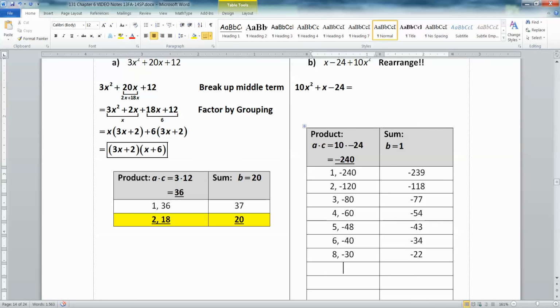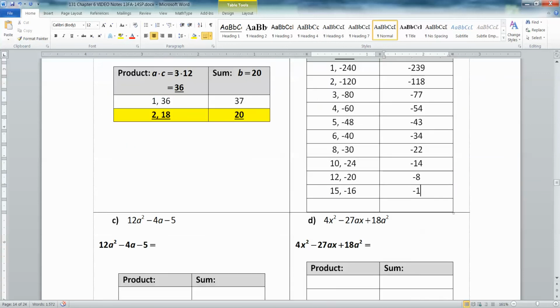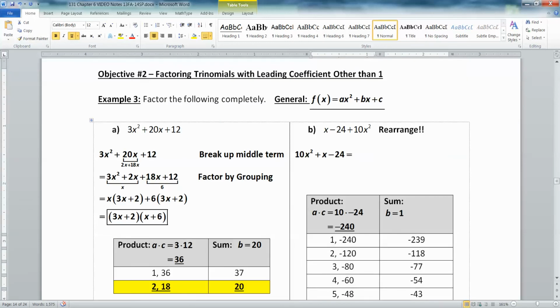And 9 doesn't go in. 10 goes in negative 24 times, that would make negative 14. 12 will go in negative 20 times, that would make negative 8. Ugh, this is getting ridiculous. And 15 will go in negative 16 times, which would make a sum of negative 1. There we go, negative 1, that's close. So to make ours work, we want negative 15, positive 16. That will make positive 1. All of that to find that number.